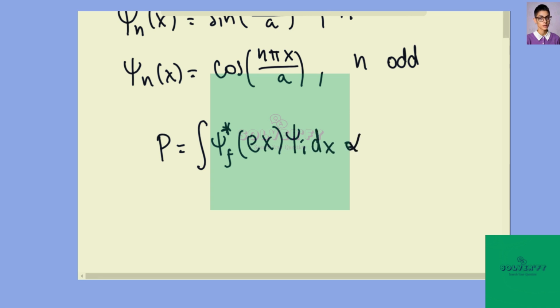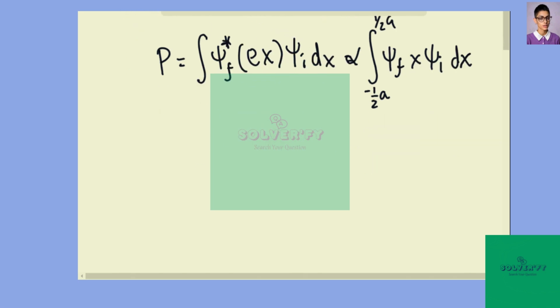And we know that this is proportional to the integral from -1 divided by 2 times a to 1 divided by 2 times a of the final state times x times the initial eigenfunction integrated over x.